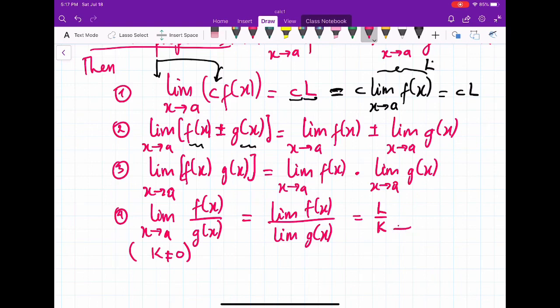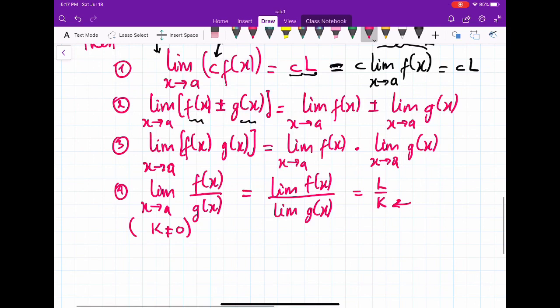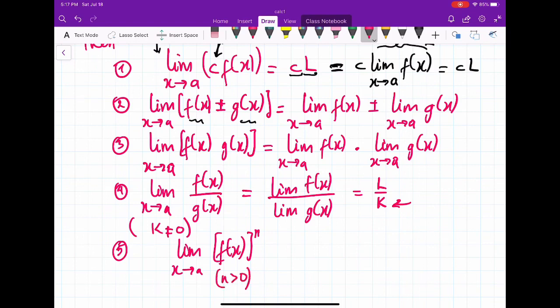Of course, k is not 0, as we suppose. And if you have a power, the limit of f of x to the n when x approaches a, and suppose that n is greater than 0, that is nothing but L to the n.